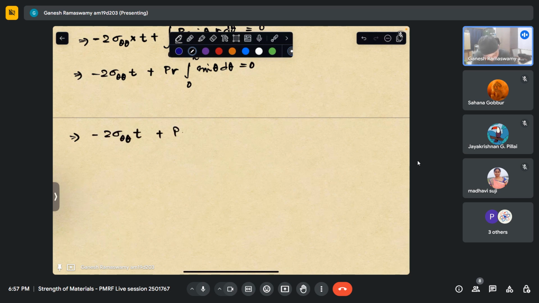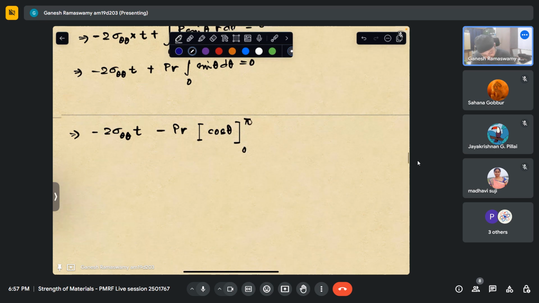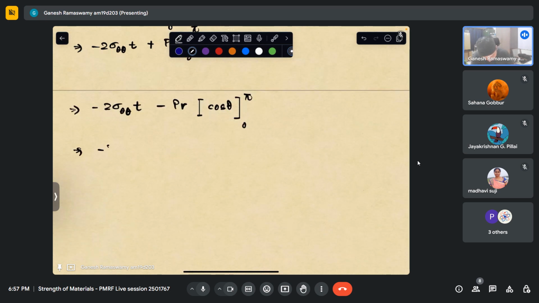So the integral of sine theta is minus cos theta. So I'll take the minus outside. So this is cos theta from 0 to pi. So if we substitute, what do we get? Sigma theta theta t minus PR into cos pi is minus 1, minus of cos 0 is 1, equals 0.